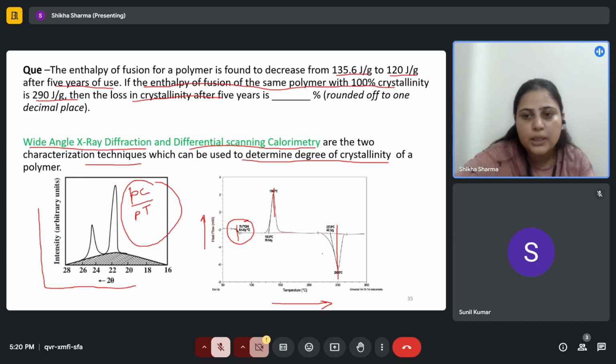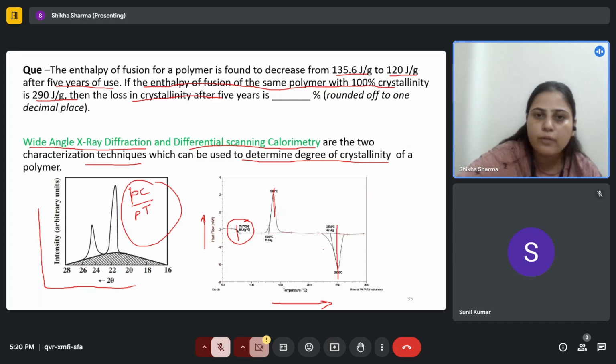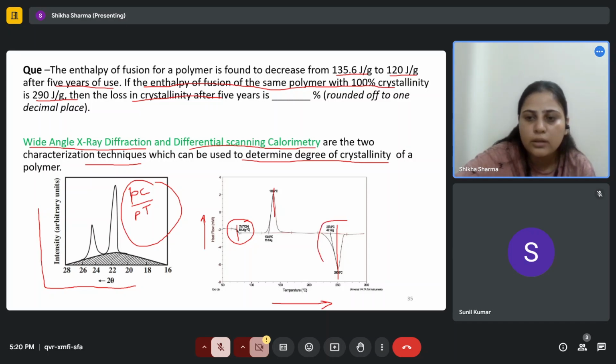So how do we find out the degree of crystallinity from the DSC? We find it by taking the enthalpy during the crystallization. So in this crystallization, we find the peak area. What is the area?